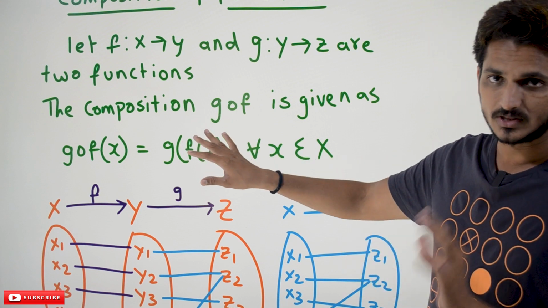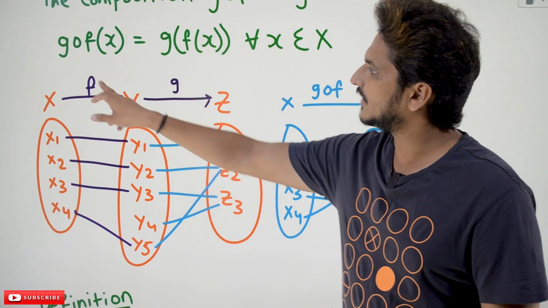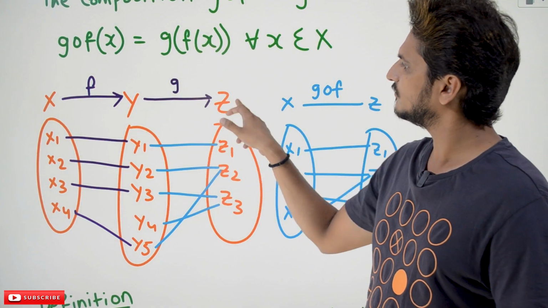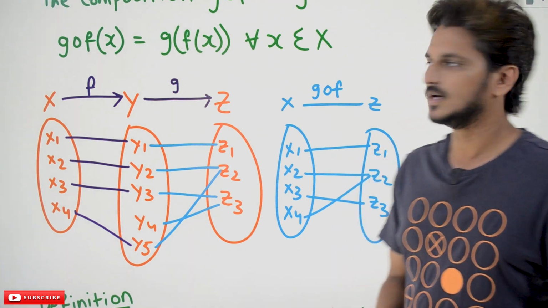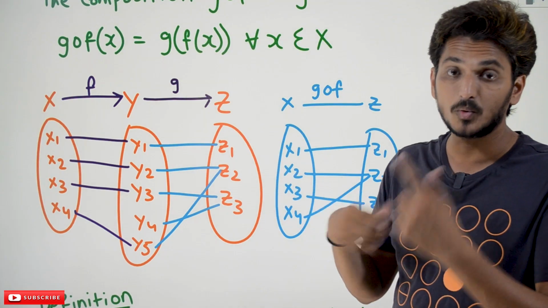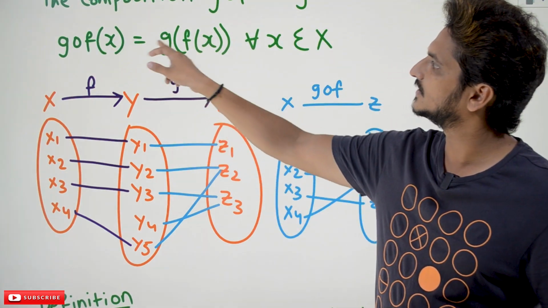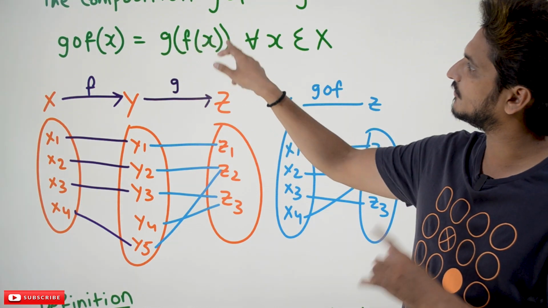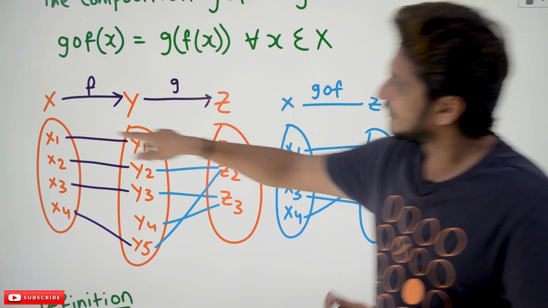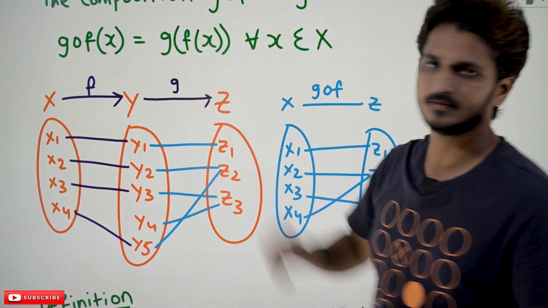Let's try to understand with an example. Let's take two functions. F is a function that maps from X to Y. G is a function that maps from Y to Z. And g circle f is the composition of functions. So (g circle f)(x) is g of f of x for all x belonging to X. What that means is, for every x belonging to X, take x1 and substitute here.